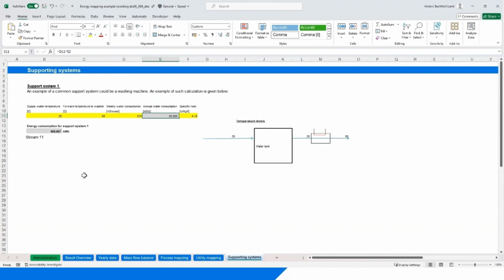Maybe we use some acids, we use some lye. So it could be different kinds of additives where we actually have some numbers. And based on that, and we also know how it should be diluted into water, we could make a calculation of how much mass should be heated up for this cleaning.